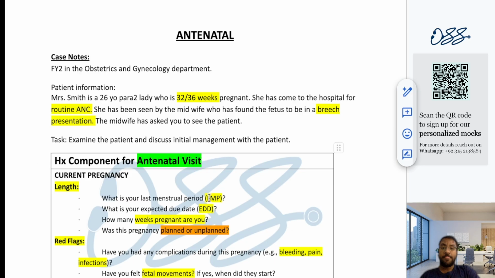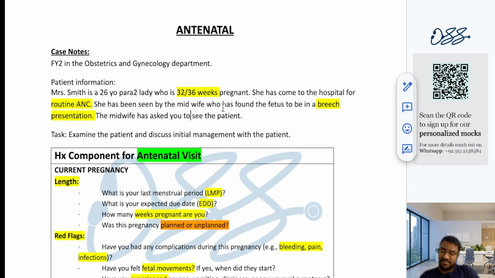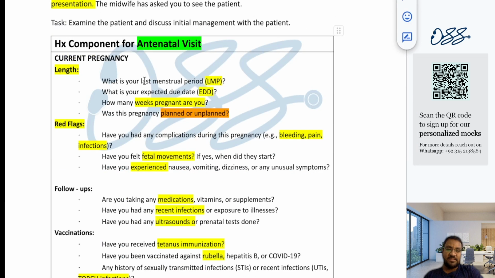All right, there is another variant of antenatal case, but that comes as a test result station. I may cover it in the counseling section, in which the test result shows that the patient is having preeclampsia. So in the data gathering of that particular counseling session, you may have to ask about the current pregnancy.